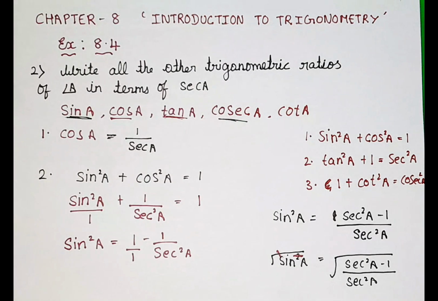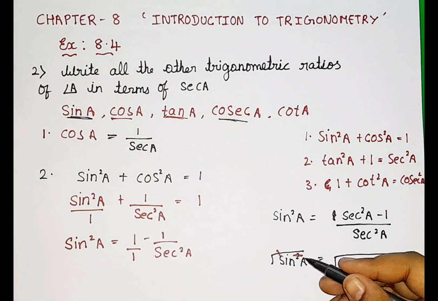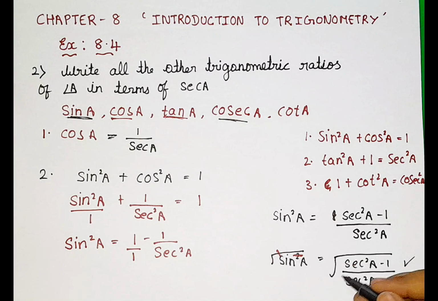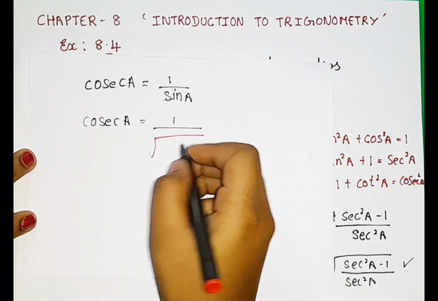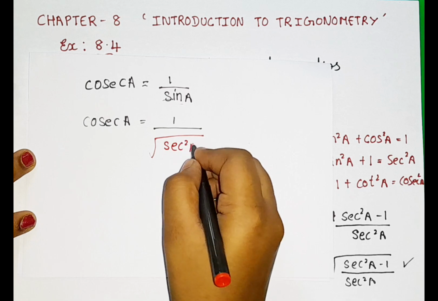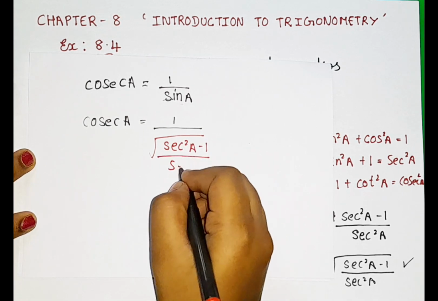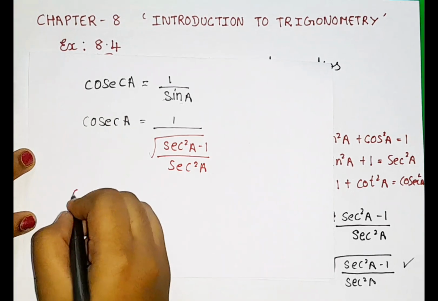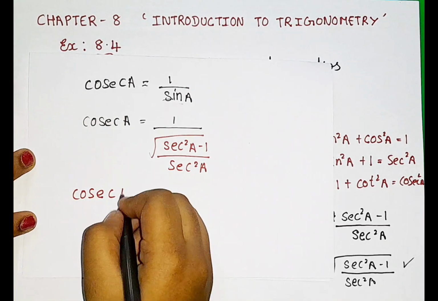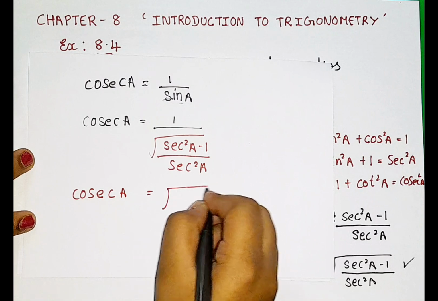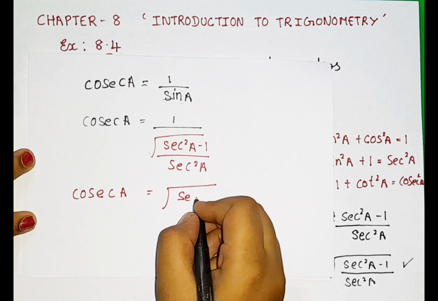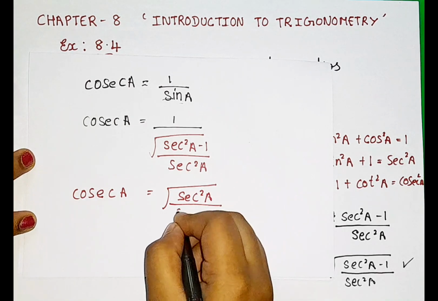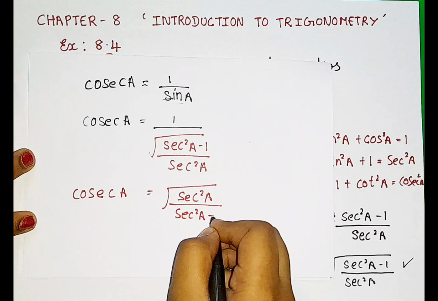We got the value for sin A, that is root secant square A minus 1 divided by secant square A. So we can write that: 1 divided by root secant square A minus 1 over secant square A. When we take the reciprocal, we get secant square A divided by root secant square A minus 1.